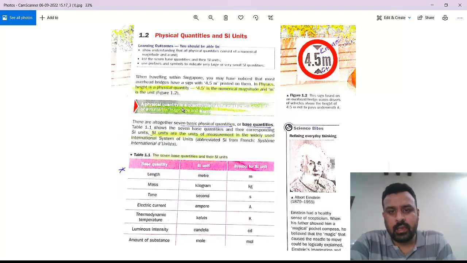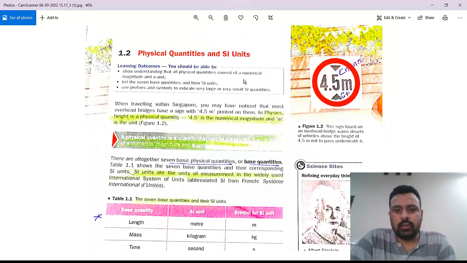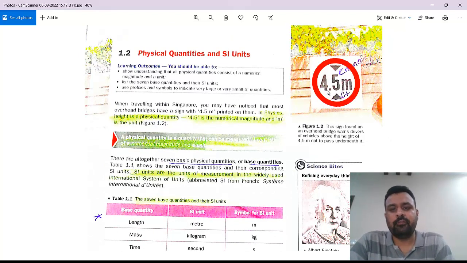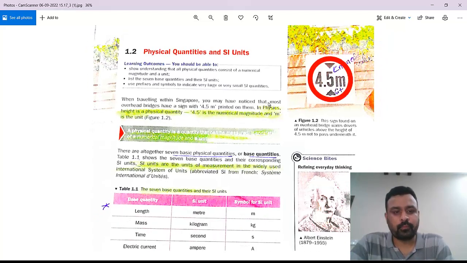As a simple example, you can see this signboard on which 4.5 m is mentioned. Here 4.5 is the value, the magnitude, and m is the unit which expresses the unit of length. So a physical quantity is expressed in the form of value plus unit.